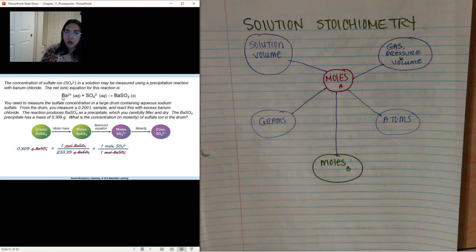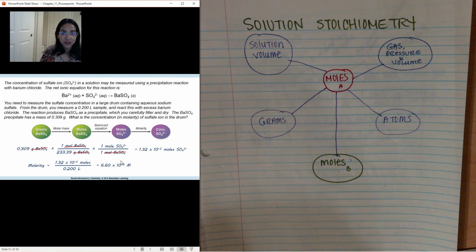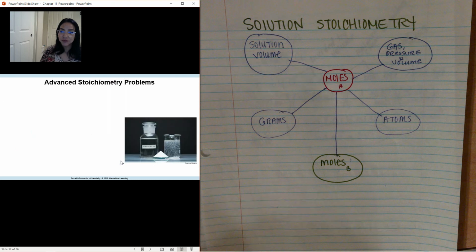And here we can see it's all a 1-to-1 ratio. And we end up with moles of our sulfate ion. But we're not done because this wants to know the molarity. We know that molarity is moles per liter. Take your moles and divide it by your liter sample. And we end up with our molarity of sulfate ions in the solution, right? So these are the steps that we took. I hope that you guys were able to actually figure that out. If not, go through this process step by step until you do.